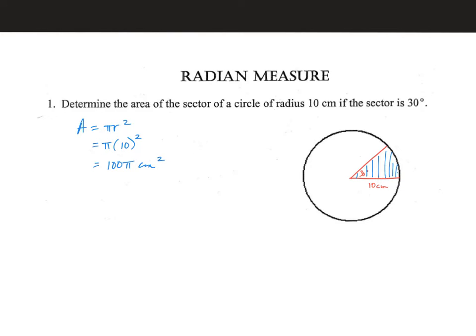Now, let's leave it as exactly 100 pi. Don't go and substitute in an approximate for pi and calculate it. We want things to be as exact as possible for as long as possible. So that would be the area as if that entire circle was shaded in.